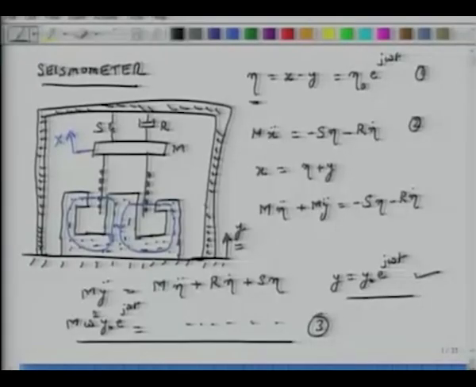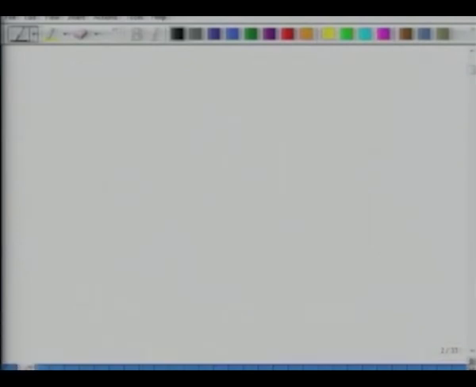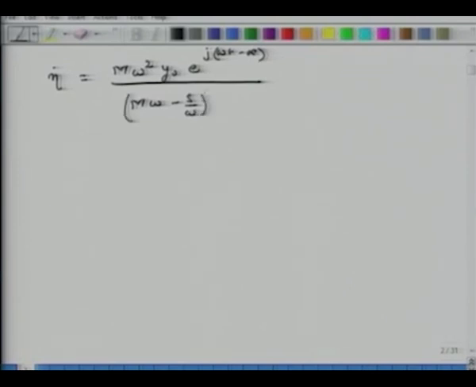And if I do a little bit of math on this, I am skipping a few specific mathematical steps, operations. What I get is relative velocity eta naught equals m omega square y naught e^(j(omega t minus alpha)) over the square root of (m omega minus s over omega) square plus r square.